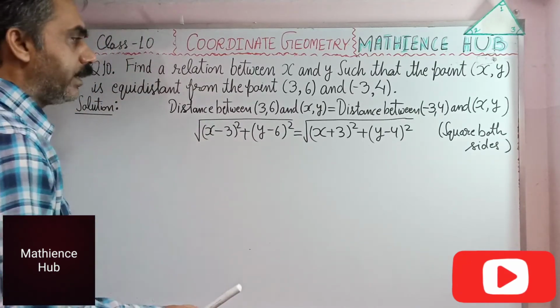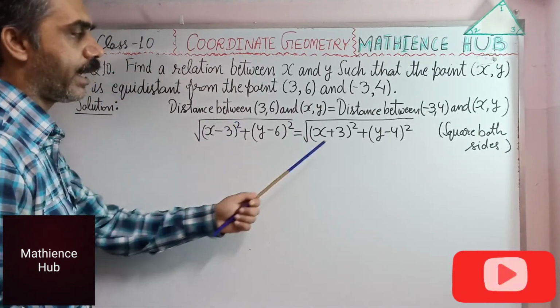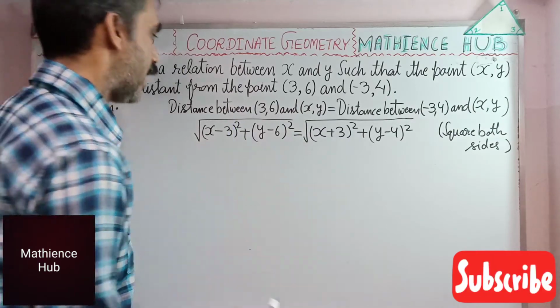Now we use the identities: a minus b whole square and a plus b whole square on both sides.